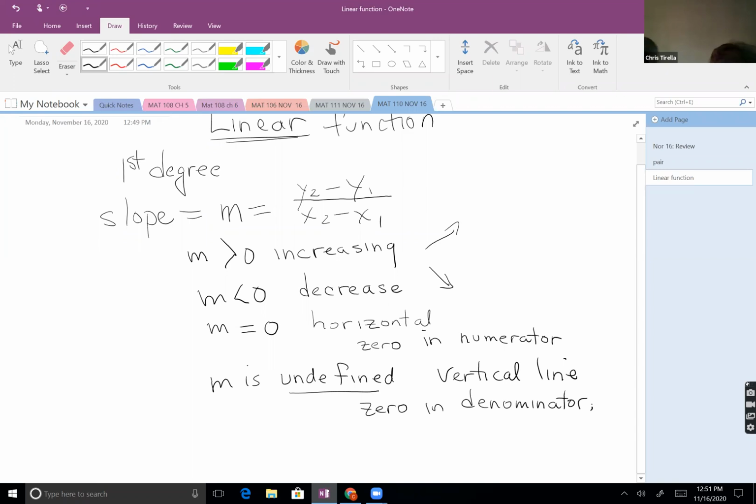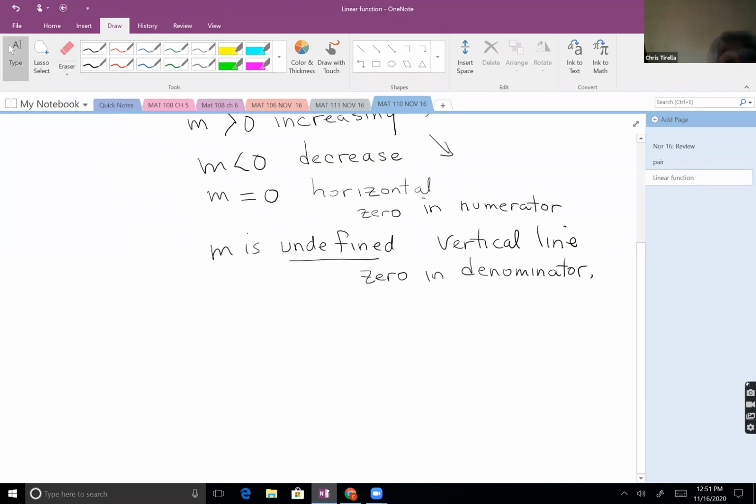And while we're talking about slope, we had also mentioned the relationship with slope and parallel lines. And parallel lines, we said, had the same or equal slopes.